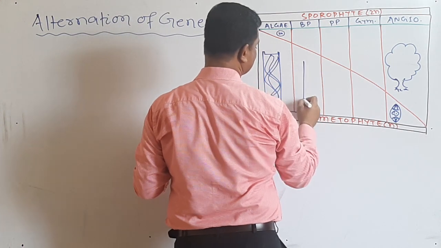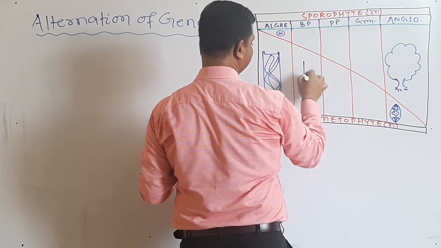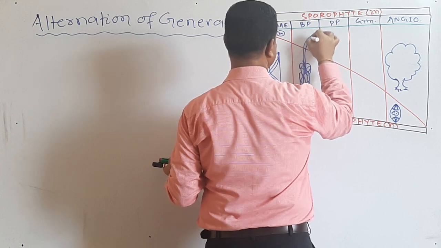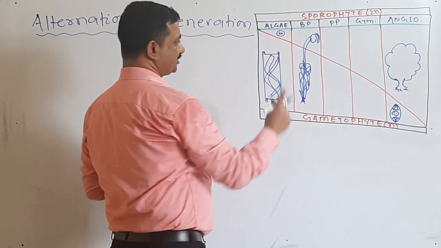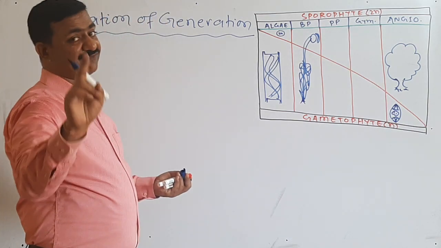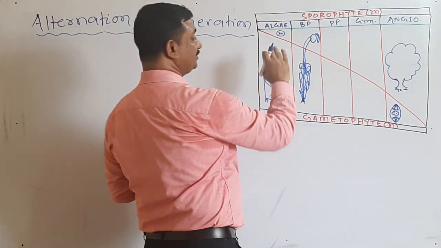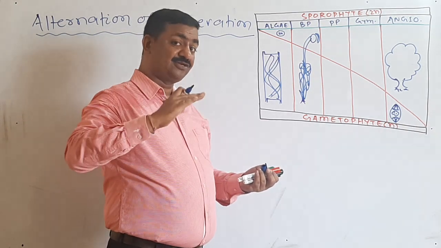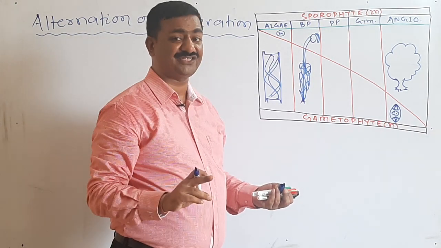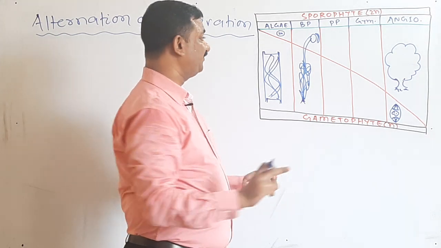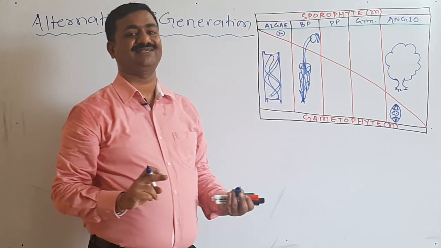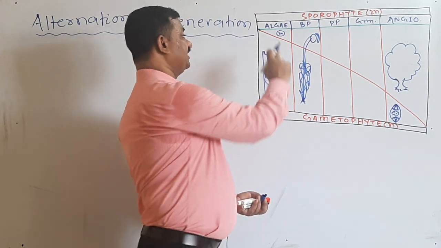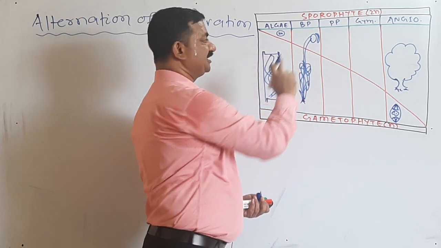In bryophytes, remember, this is Funaria, a moss. The sporophytic structure grows from the 2N diploid body by mitotic cell division. So the smallest single-cell sporophyte is found in algae. It is advanced in this form.